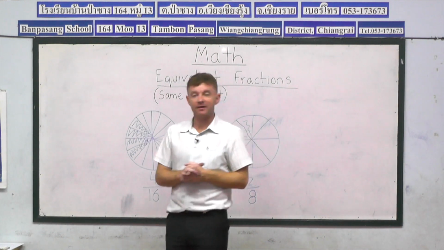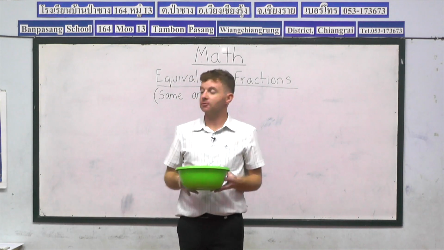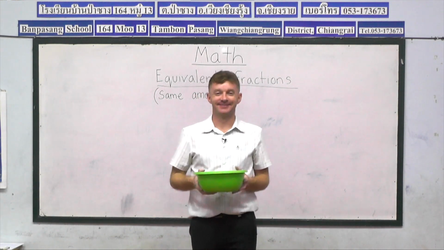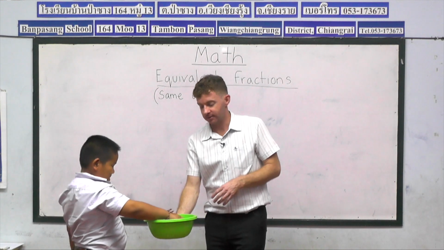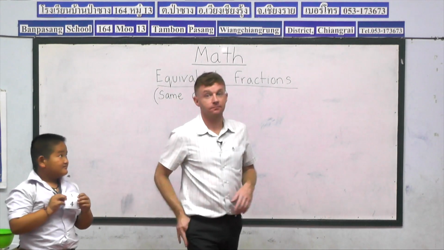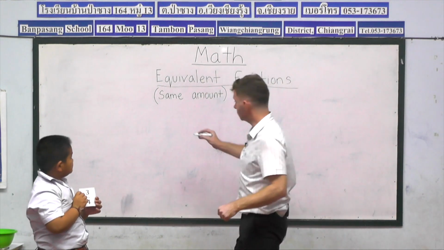Okay, time for our next flashcard. This time, I would like to invite Net. Come and join me at the front of class, please, Net. And Net can choose his flashcard. Okay. And show it to your friends, Net. 3 over 4. 3 over 4 or 3/4. Okay.